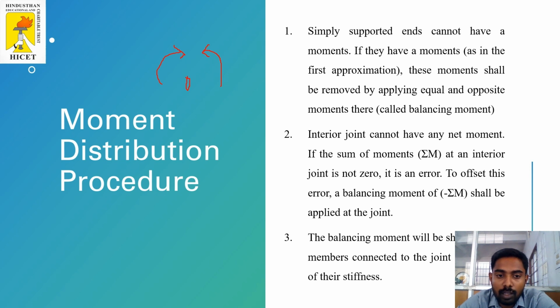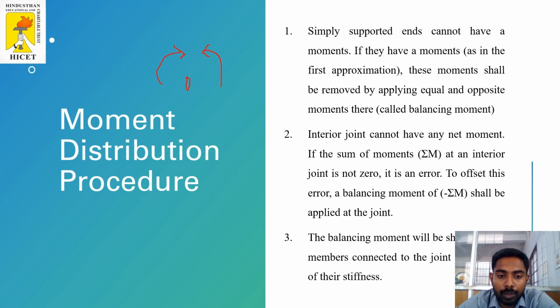Same way, an interior joint cannot have any net moment, and if the summation of M at an interior joint is not 0, it is an error; it must be 0. So to offset this error, a balancing moment of minus summation of M shall be applied at that joint.